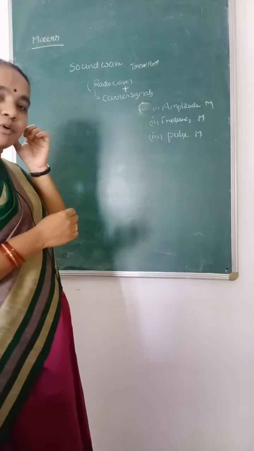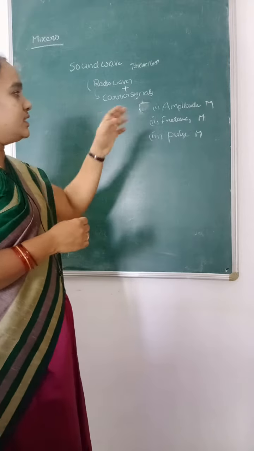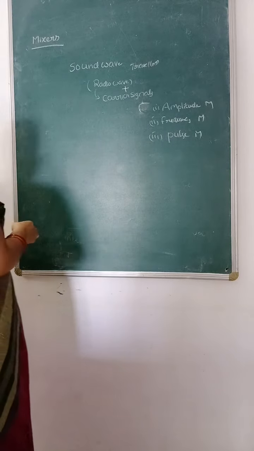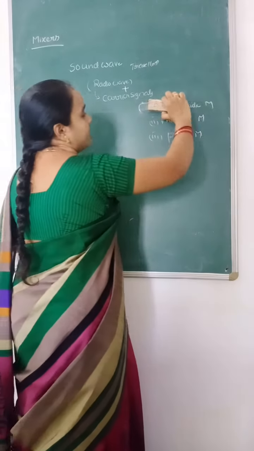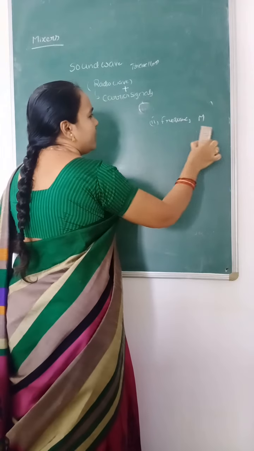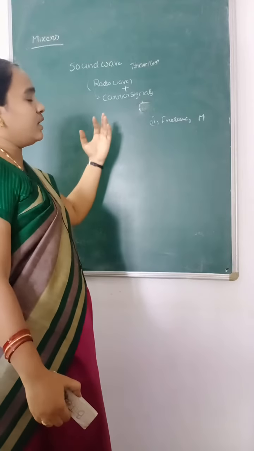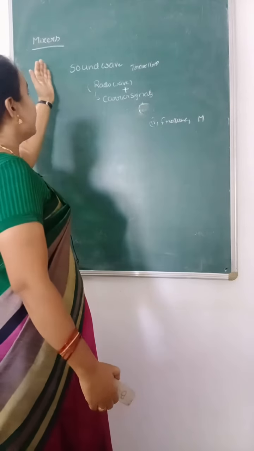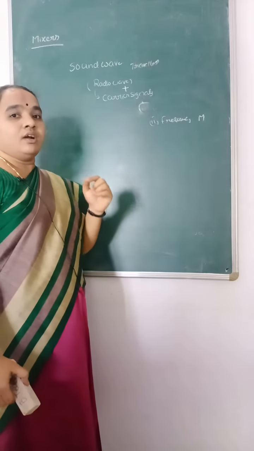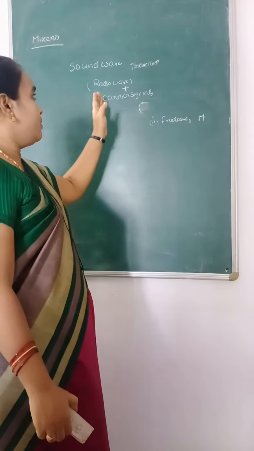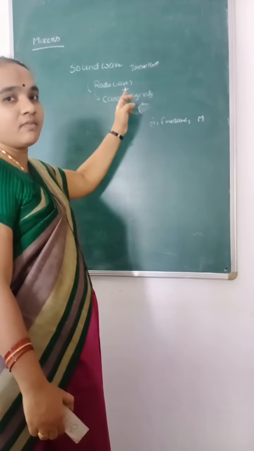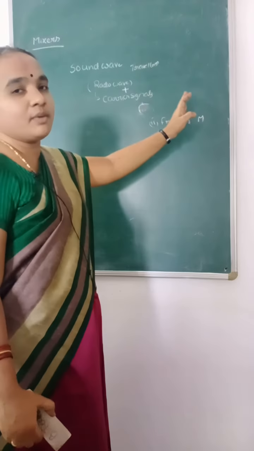So this is the importance of a mixer. Generally, these mixer circuits are used for frequency modulations. In order to change the frequency from one frequency to another, these mixer circuits are used. We can change the radio frequency, which is a high frequency, to some intermediate frequency.